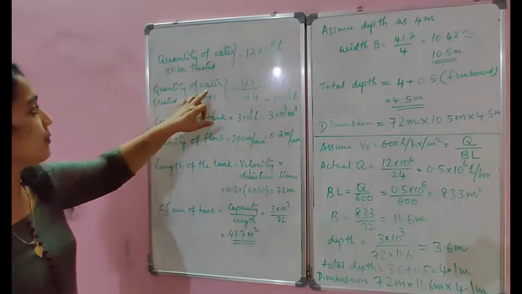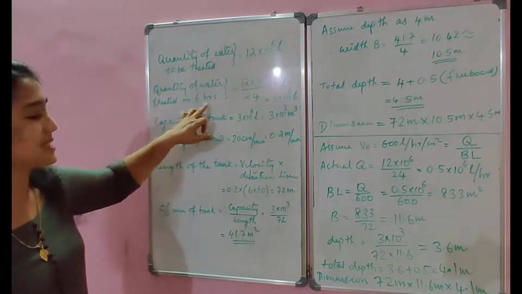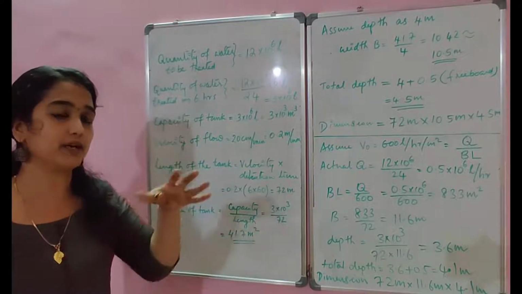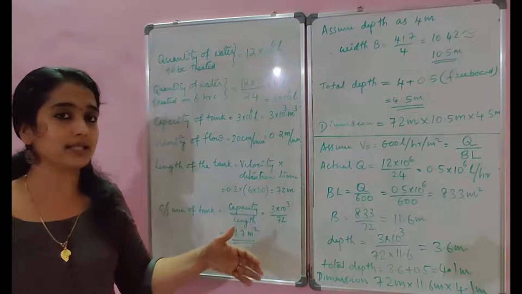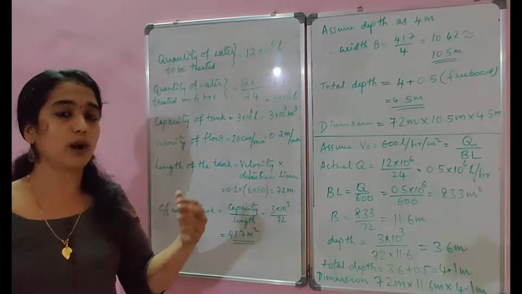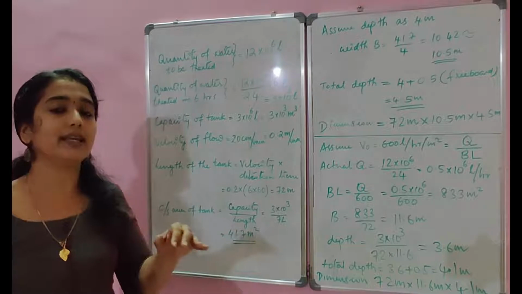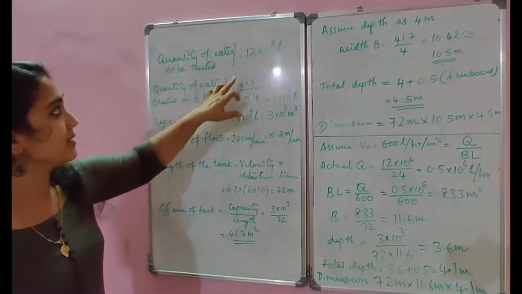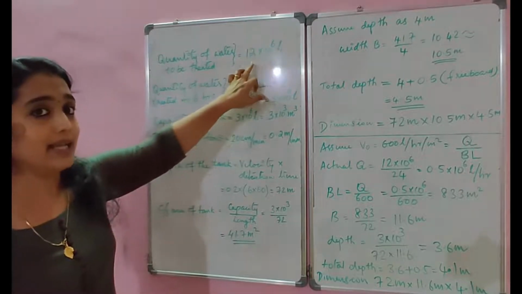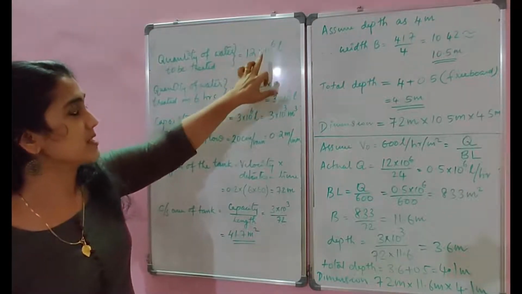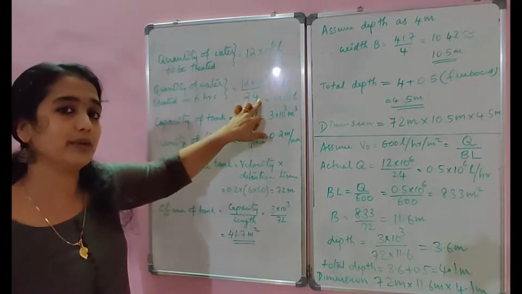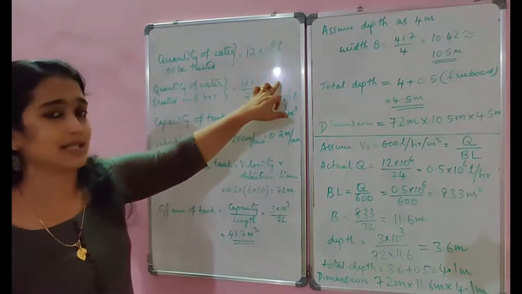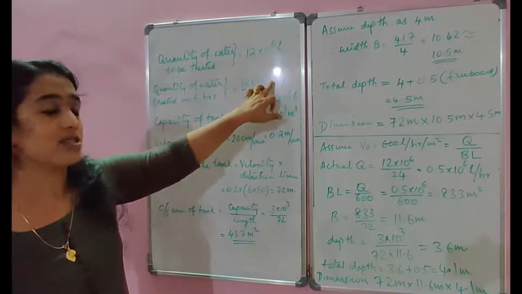Then the quantity of water treated in 6 hours. What is this 6 hours? This is the detention period of the sedimentation tank. During this detention period, we have to calculate what quantity of water enters the sedimentation tank. The maximum daily demand, 12 into 10 raised to 6, divided by 24 gives the maximum hourly demand, into 6 gives the 6 hours demand.